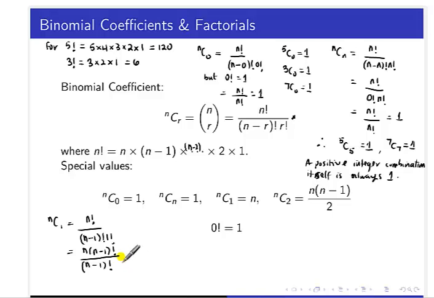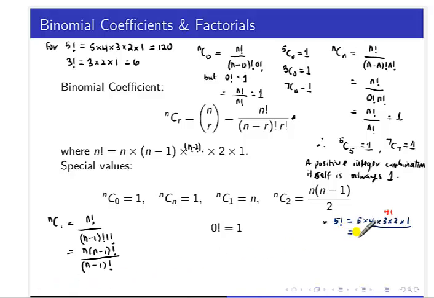This is coming from the fact that 5 factorial gives us 5 multiplying 4 multiplying 3 multiplying 2 multiplying 1. But the whole of this expression, 4 times 3 times 2 times 1, is 4 factorial.